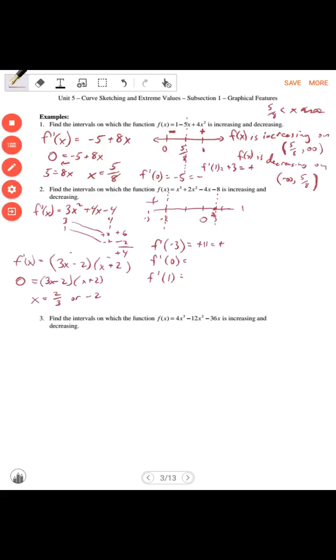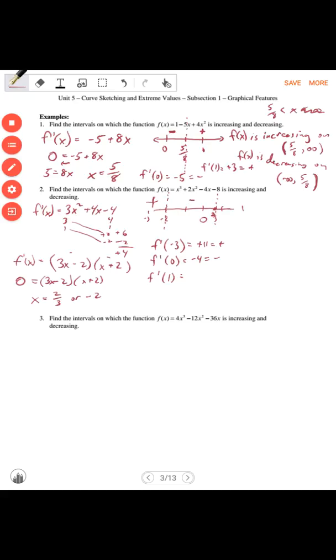So that region, from negative infinity all the way up to negative 2, is a region of increase. Our function is increasing there. Now f prime of 0: 0 for x's, so you get negative 2 times positive 2, which is negative 4. All that's important is that it's negative, so that's a region of decrease.